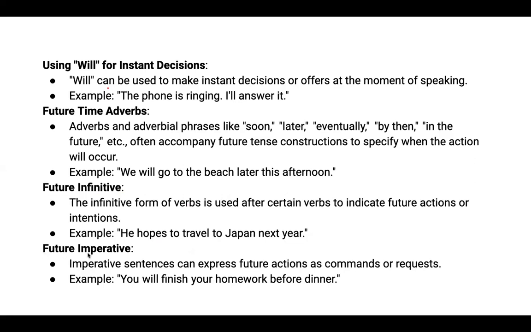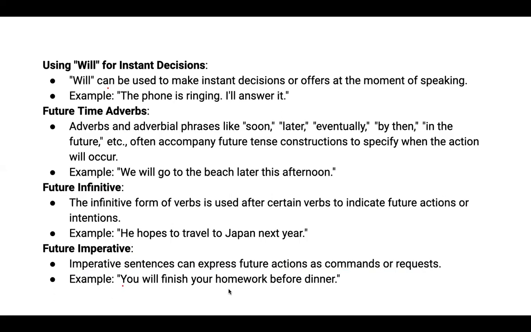So, future imperative. Imperative sentences can express future actions as commands or requests. Imperative sentences means what? Where we talk about desire or a kind of command, request, or such kind of thing. So in that case, we call them the imperative sentence.